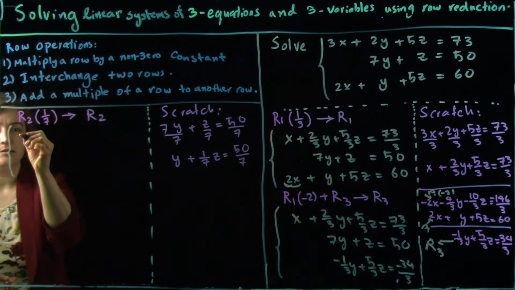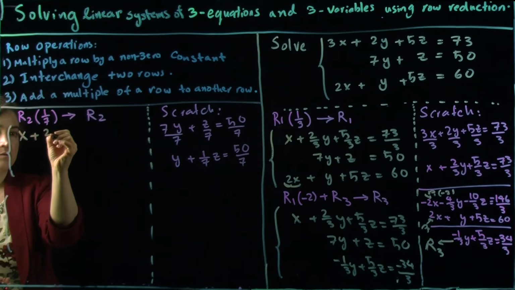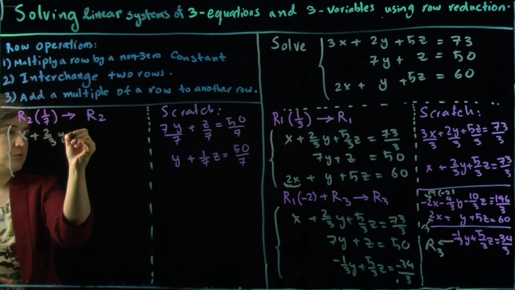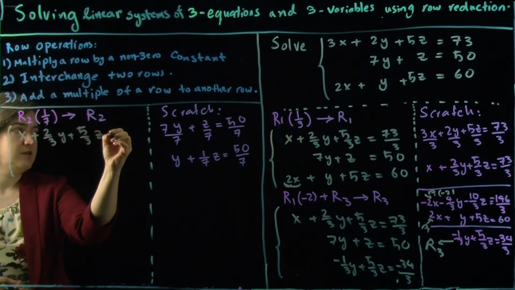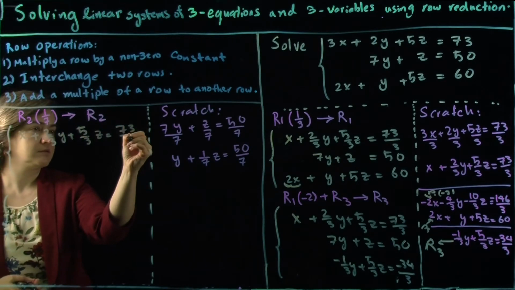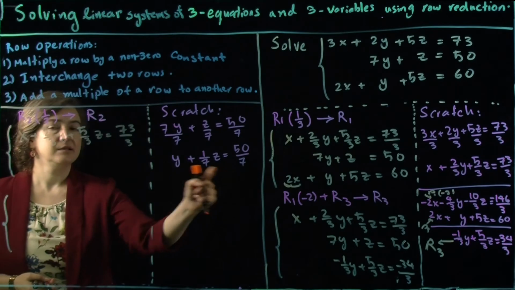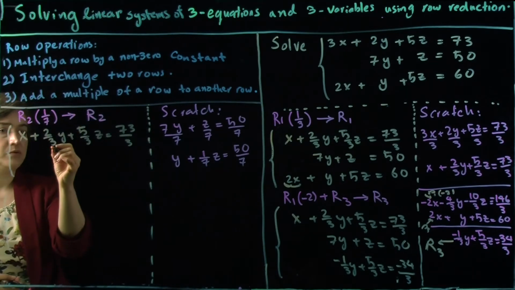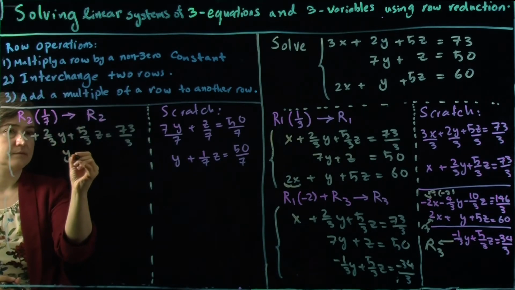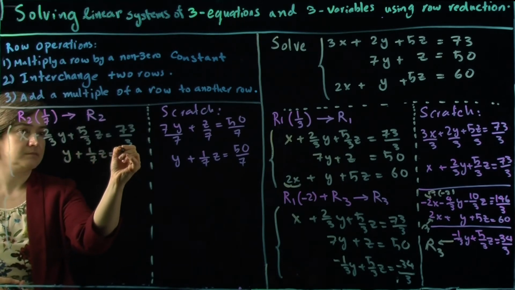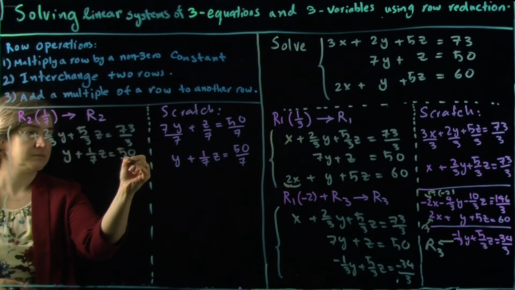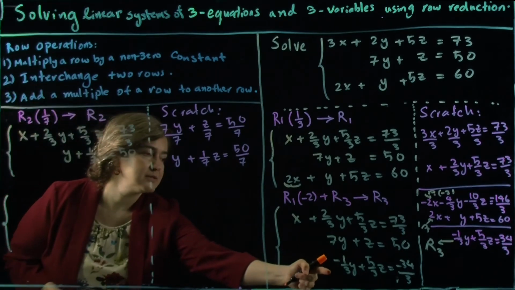This is row 1, x plus 2/3 y, 5/3 z. Then this is row 2. Then row 3 doesn't change.